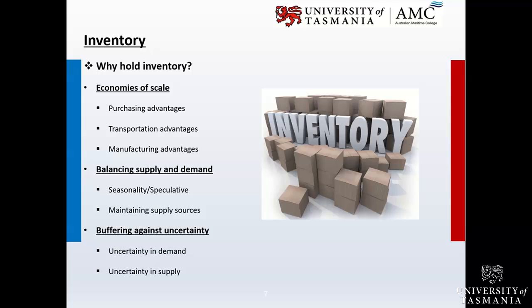For example, normally a higher volume, you will get a lower purchasing price, and higher volume, the unit transportation cost will be lower. Also, the unit manufacturing cost will be lower. So there are economies of scale. So companies would like to hold inventory.